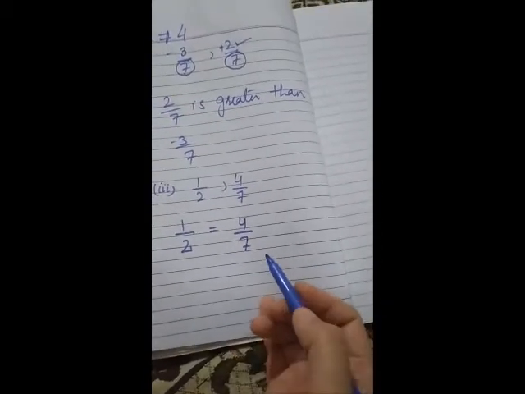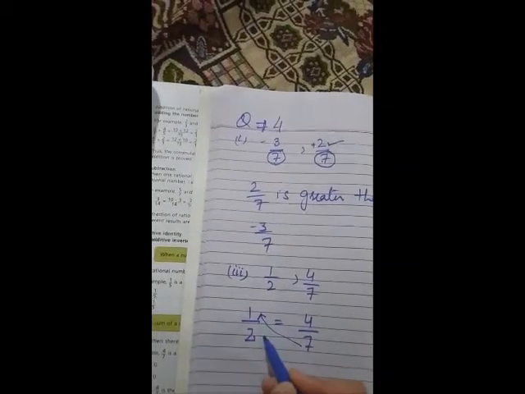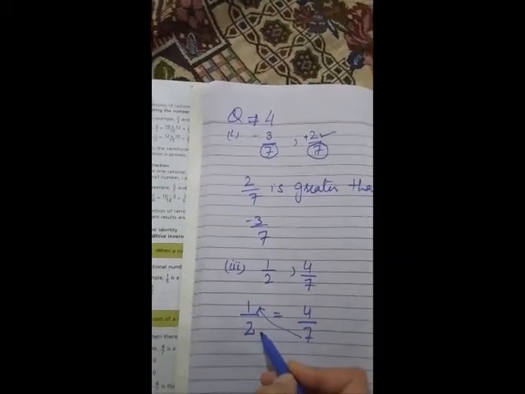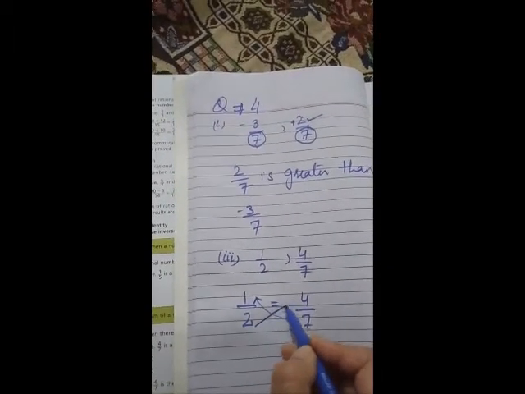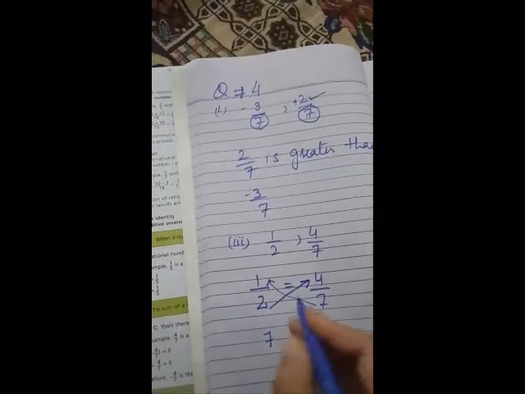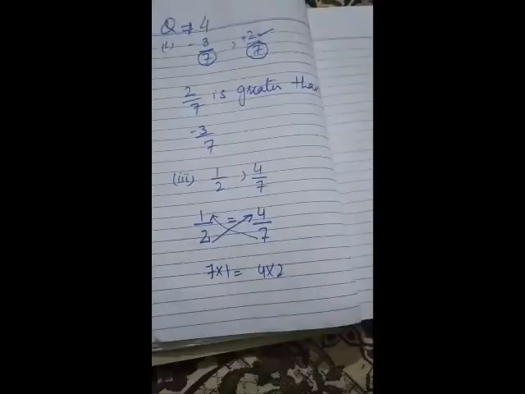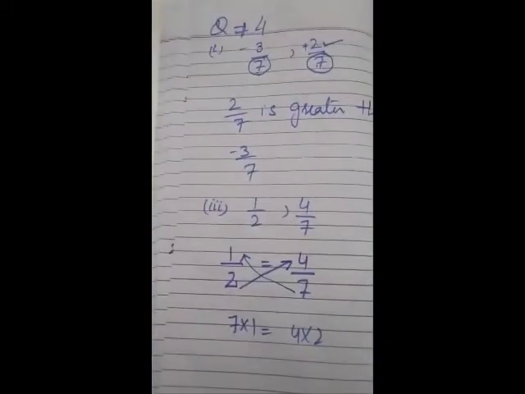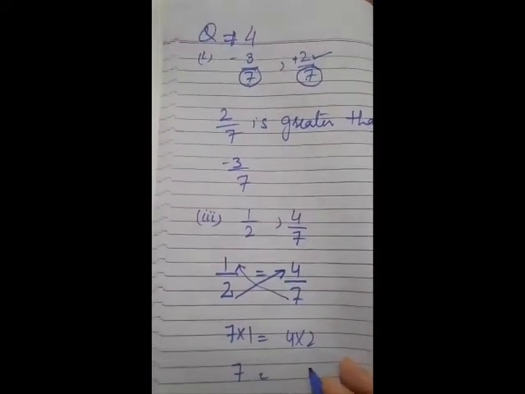So the simplest method is to multiply the denominator of the first one with the numerator of the second rational number, and multiplying the numerator of the first rational number with the denominator of the second. So 7 1s are 7 and 4 2s are 8.